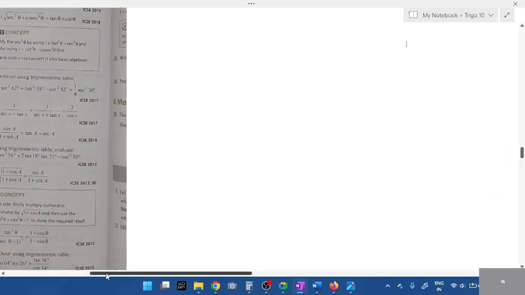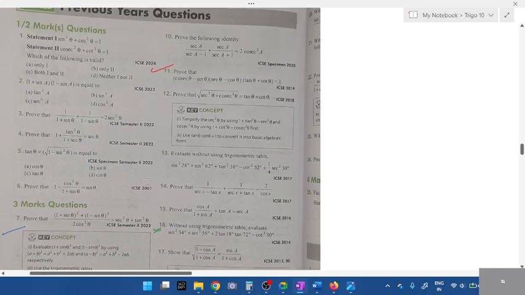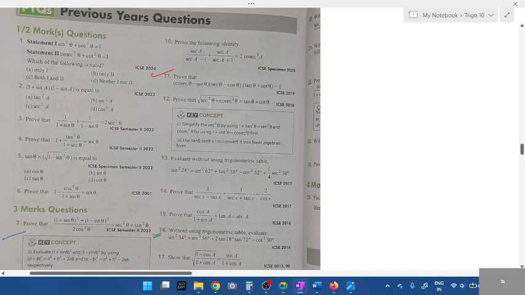Done? You feel I've done right. Okay, so square relation, see even ninth one. We have done square relation. We'll do one root question, students.